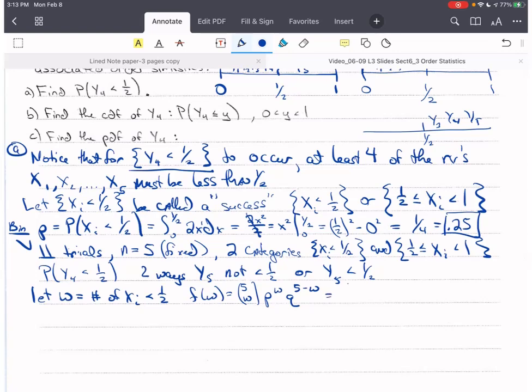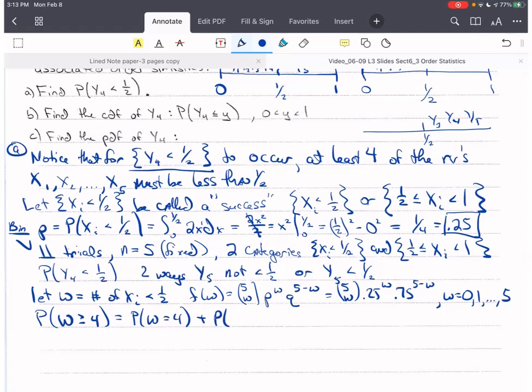And this is equal to 5 choose w, 0.25 to the w, 0.75 to the 5 minus w, w equals 0, 1 up to 5. All right. So I want the probability that we have at least 4 of these. We want y4. So we want w at least 4, which is equal to the probability that w is equal to 4, that's where y4 is less than 1/2, plus the probability that y5 is also less than 1/2.